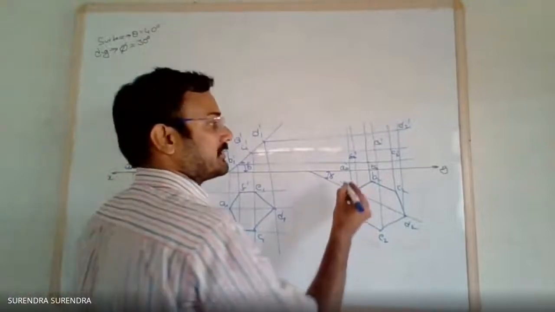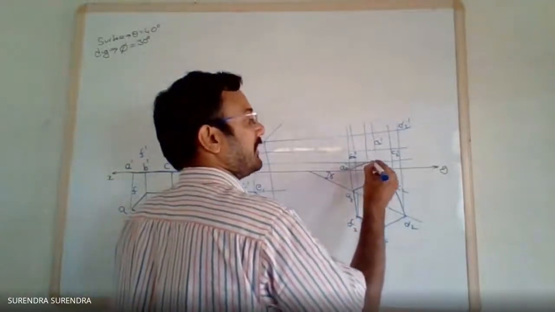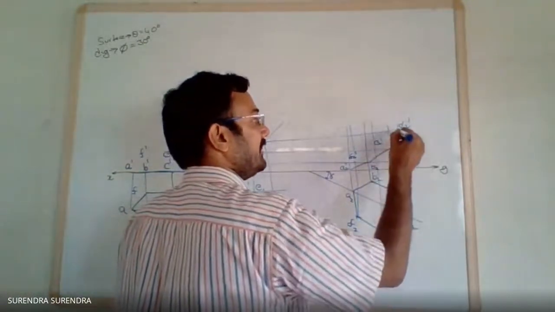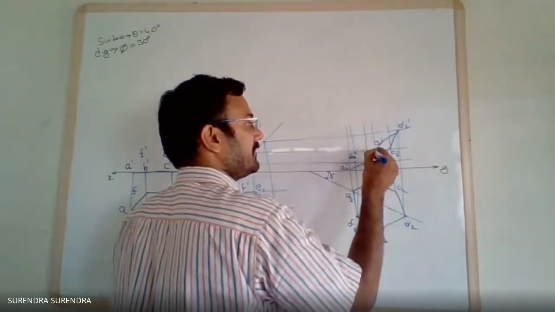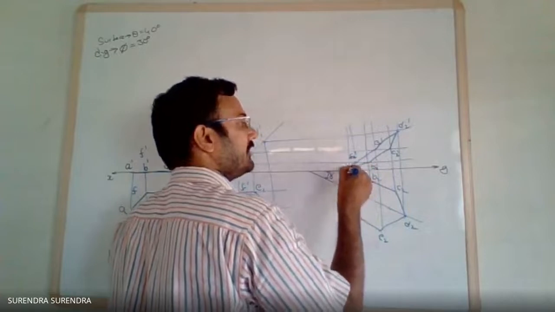Now join all these with a straight line: AB, BC, CD, DE, EF and FA.